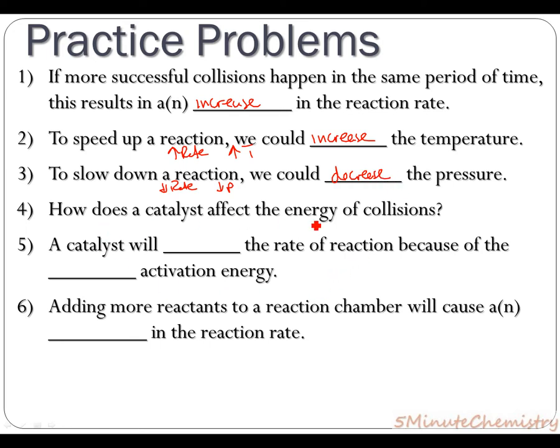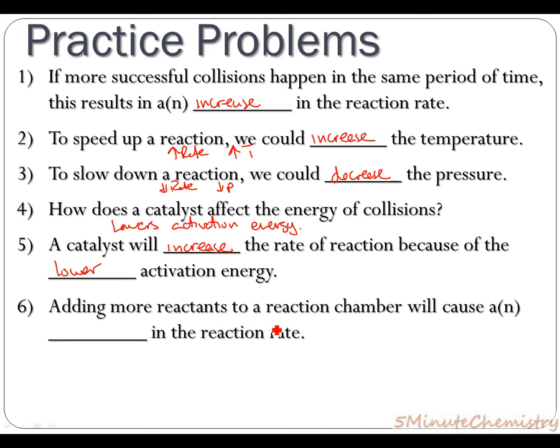How does a catalyst affect the energy of collisions? A catalyst lowers or reduces the activation energy, the energy requirement. A catalyst will blank the rate of reaction because of the blank activation energy. So perfectly tied in with this question, right? A catalyst will increase the reaction rate because of the lower or reduced activation energy.